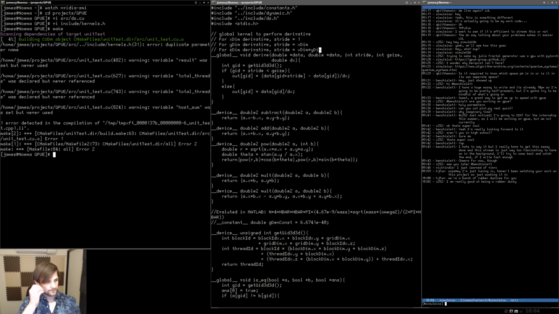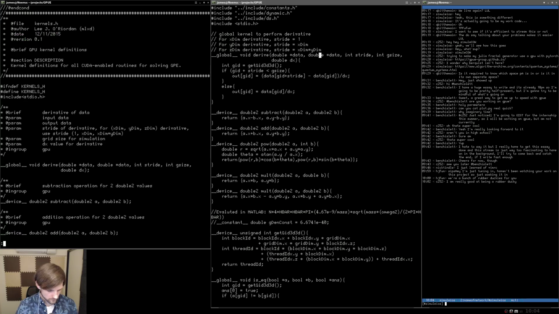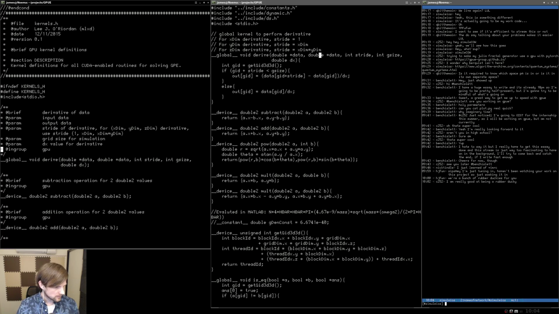I'll check. It doesn't compile because I'm an idiot. What do we have here? Kernels.h 31 duplicate parameter name? Global derive. Do I already have a derive in here? Parameter name dx. Data. Oh, shoot.